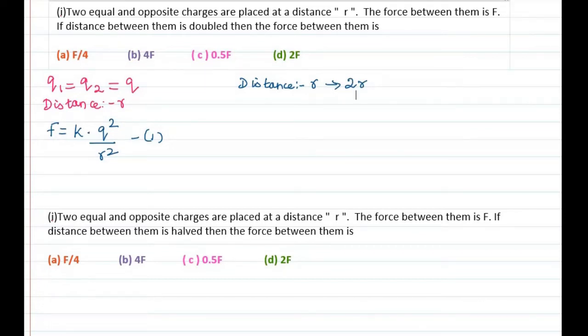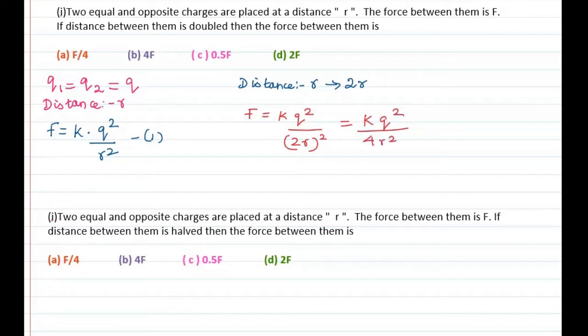F is equal to K into Q square divided by 2R the whole square, which is equal to K Q square by 4R square. Just rearrange it: KQ square by R square into 1 by 4.